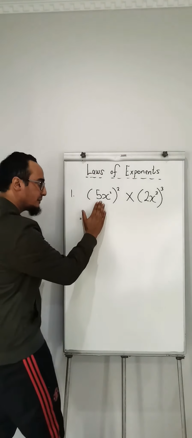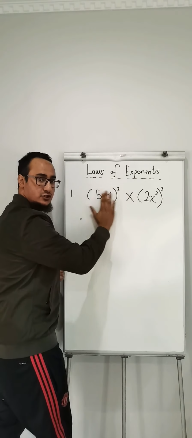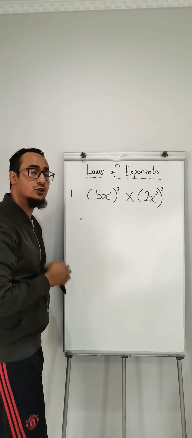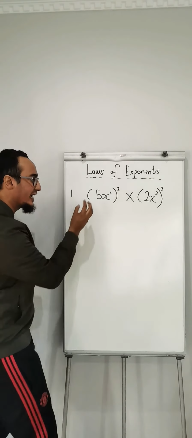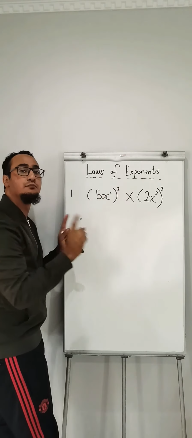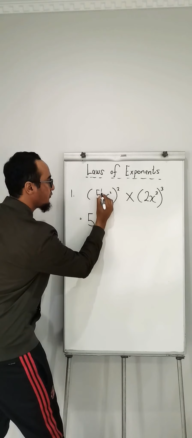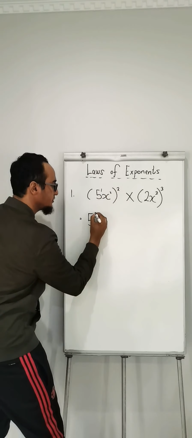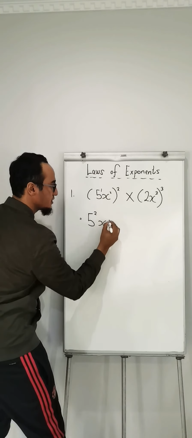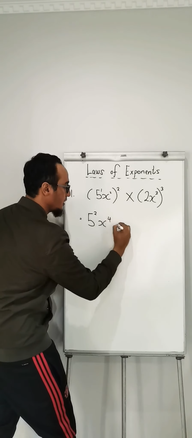Okay, so remember, I have 5x to the power of 2 raised to the power of 2. And if I think of law number 4, it is when I have something inside of the bracket raised to another power, I need to multiply the exponents. So 5, that's to the power of 1. 1 times 2 is 2. And then I have x to the power of 2. 2 times 2 is equal to 4.